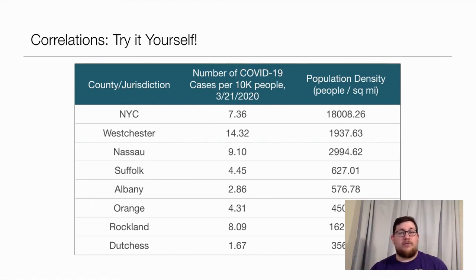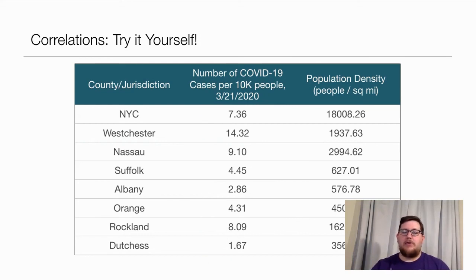But Westchester has far fewer people than the city, so per capita, they have a lot more cases, almost double the cases of the city. Nassau has actually seen a spike recently. These numbers are probably going to even out because we're out of tests. Generally speaking, these were all the counties with at least 45 confirmed cases.